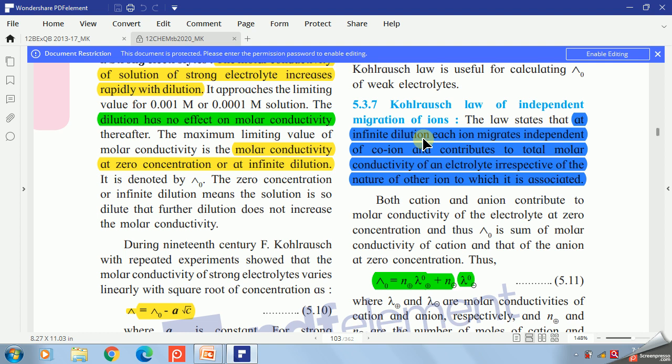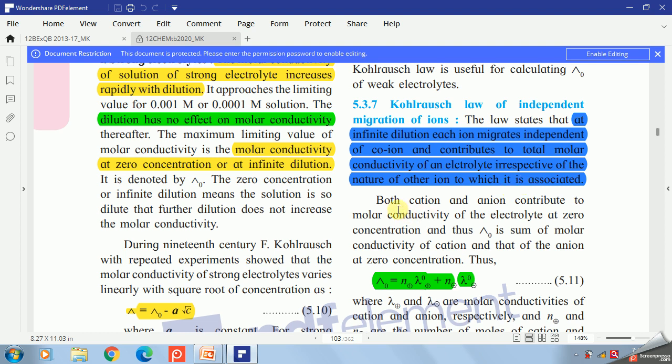What is the statement? At infinite dilution, each ion, that means the electrolyte contains cation and anion, migrates independently of its co-ion and contributes to the total molar conductivity of the electrolyte, irrespective of the nature of the other ion to which it is associated.